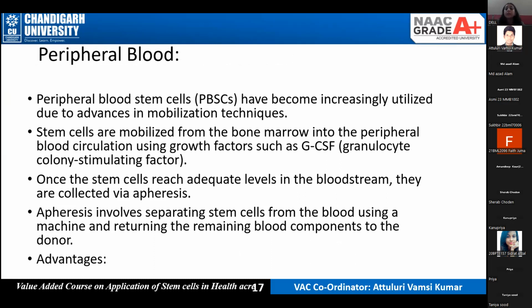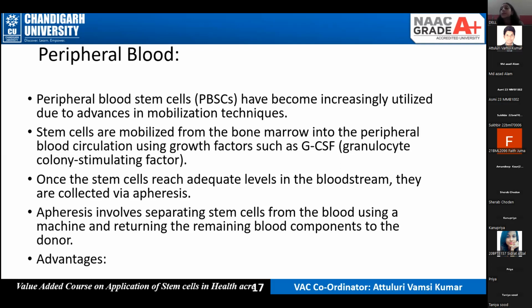Mobilization techniques enhance the peripheral blood circulation and stimulate granulocyte colony stimulating factors. When these reach the bloodstream, they provide an adequate amount of stem cells to the patient.